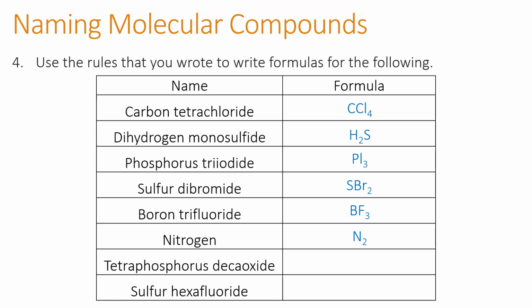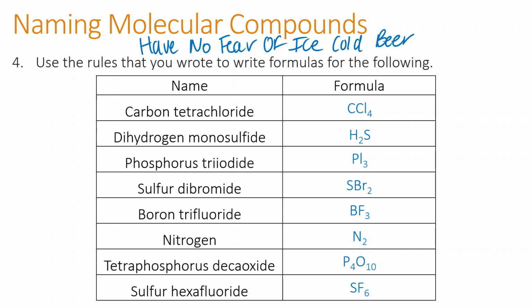Nitrogen is one of our diatomic elements. The way that I remember these is "have no fear of ice cold beer." Have stands for hydrogen, so a hydrogen molecule is H2. A nitrogen molecule is N2.